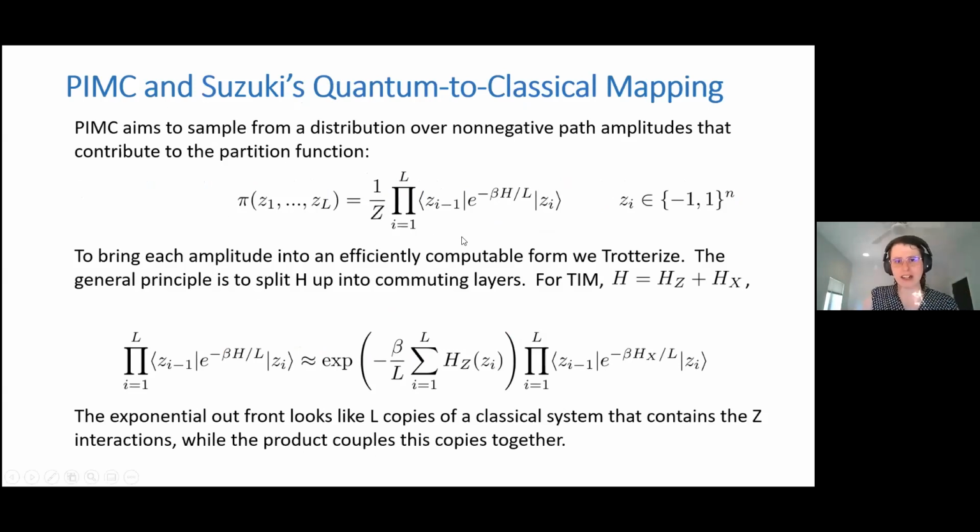So here's our probability density. Again, these are n-bit strings. What we want is that for any given path, we can efficiently compute the amplitude of the path. Some of the standard steps that go into that: you can split your Hamiltonian. Say we have a transverse Ising model, you can split it into this z part and this x part.